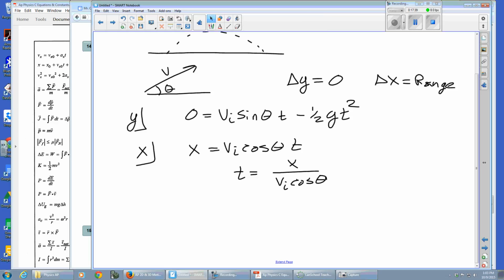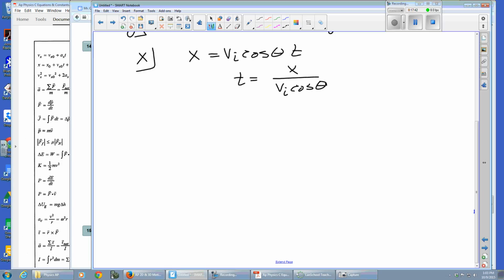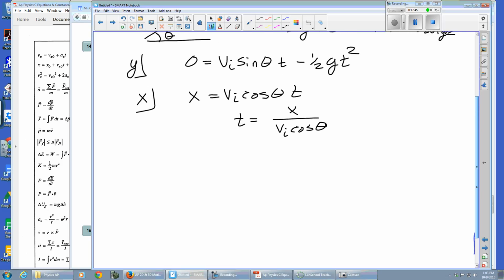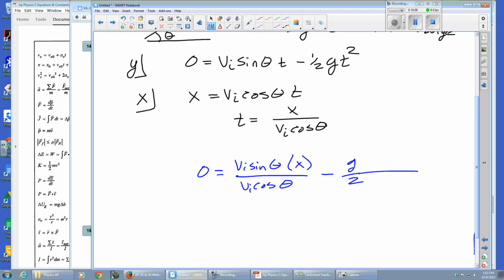Substituting that in, bringing those two together, like what we did last time, we have 0 equals vi sine theta times x over vi cosine theta minus g over 2 times x squared over vi squared cosine squared theta. Substituting that in, right?